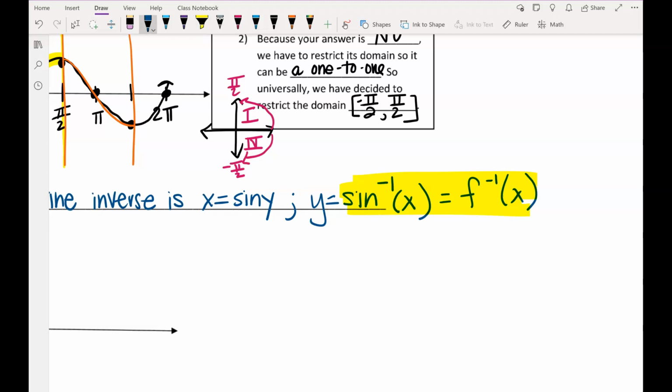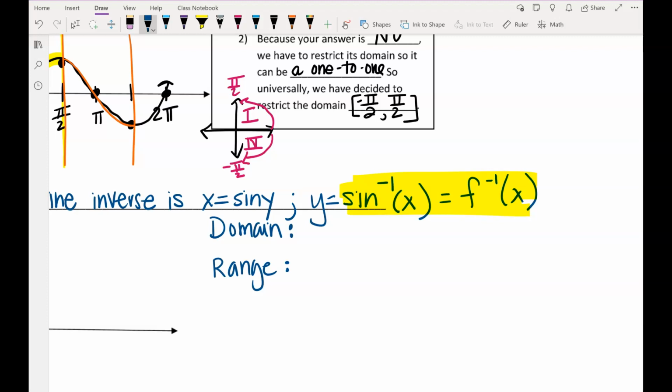Okay, the domain of sine inverse, the range of sine inverse. Well, the domain of sine inverse, students, is really the what of what? The range of the regular. True or false? And then the range of sine inverse is the domain. All right, so we're going to do the domain of sine inverse first.